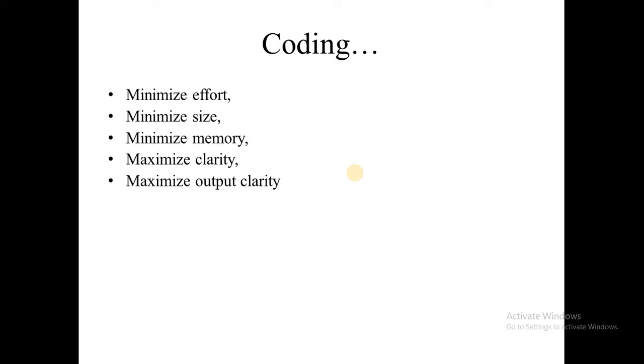So minimize the memory and maximize the clarity, meaning the output clarity, the input clarity, and the program instructions clarity. While writing code, the coder should keep all these factors in mind: minimizing human effort, software size, and memory, but maximizing output clarity, input clarity, and program clarity.